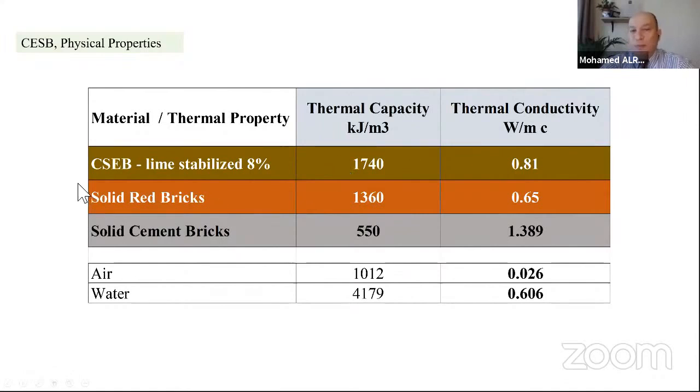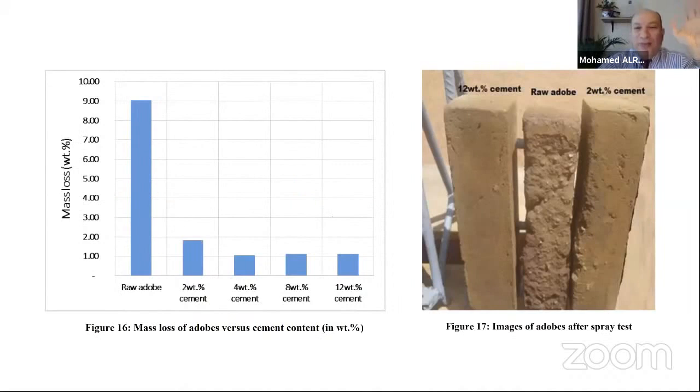And this is a crucial point, by the way. This is the scientific explanation for why we say earthen buildings are warm in the winter and cool in the summer. I'm not going to explain it in detail. I move quickly. Here we have the effect of using just a small amount of cement on the water absorption.